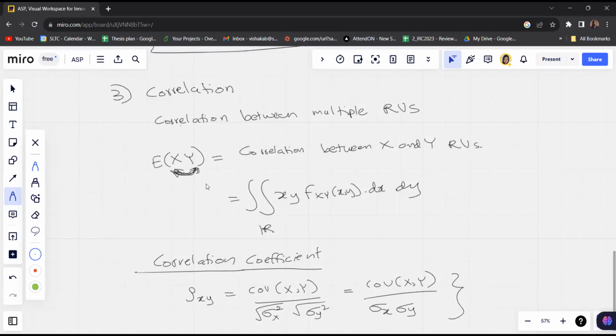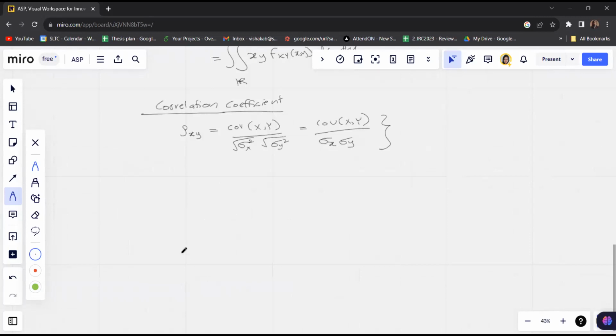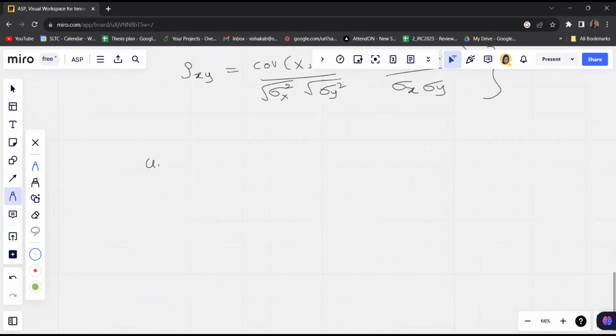Another thing is uncorrelatedness, right? We talked about the correlation. Another thing we need to discuss is uncorrelatedness. Uncorrelated random variables. We talked that correlated means similarity, right? So uncorrelated means that these random variables are not correlated.